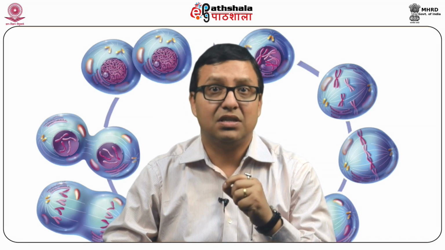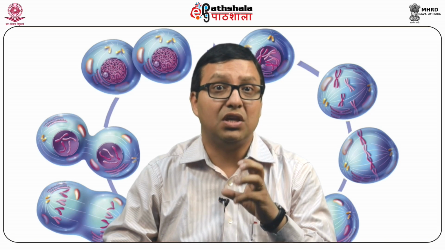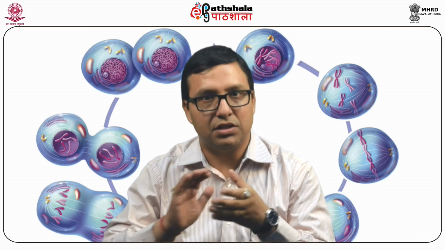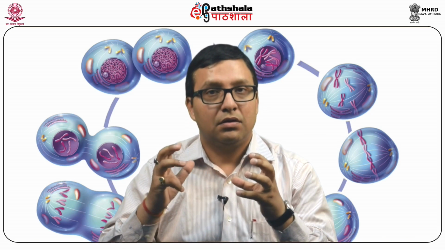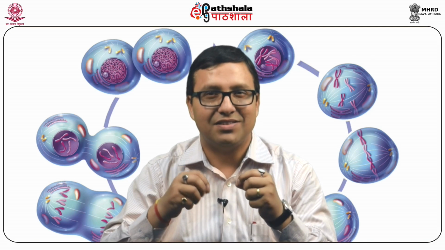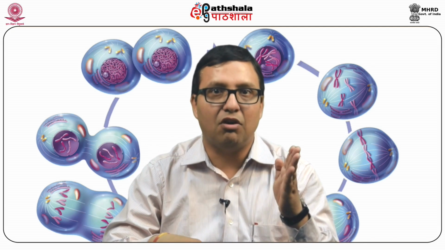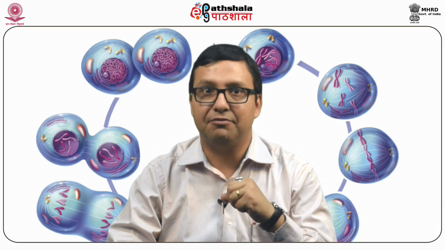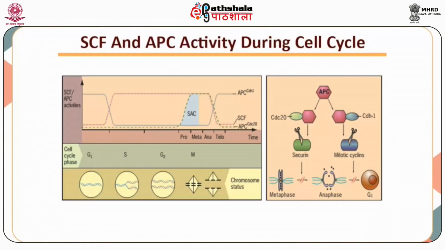Separase then cleaves a key subunit of the cohesin molecules that hold sister chromatids together. Cleavage of this cohesin triggers the separation of sister chromatids to mark the onset of anaphase, as shown in the figure.